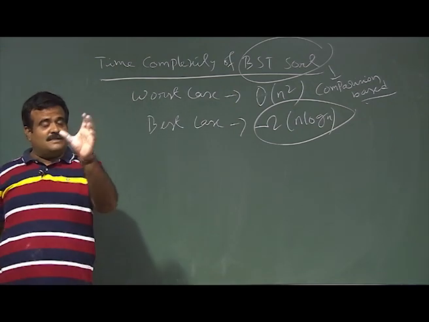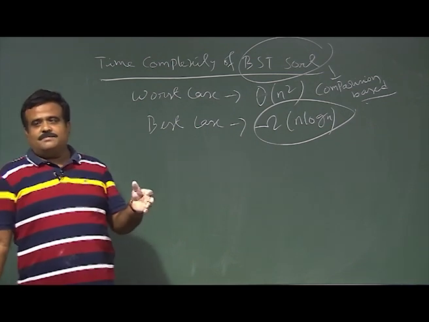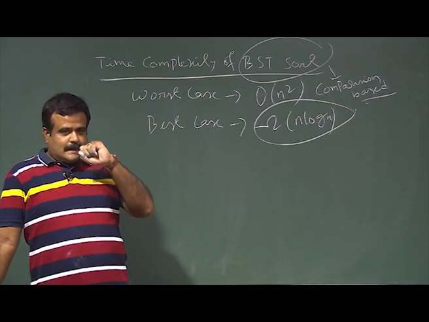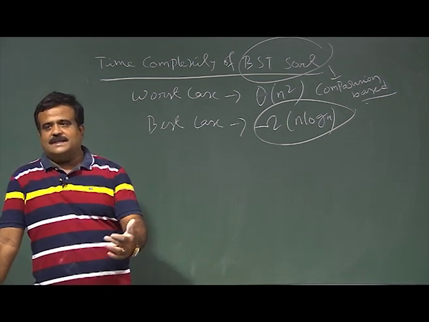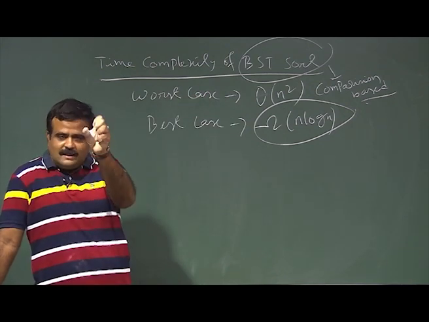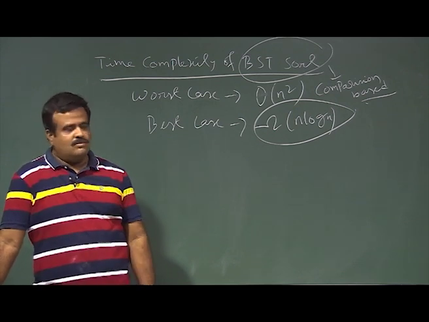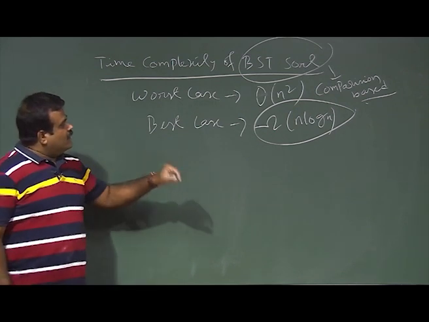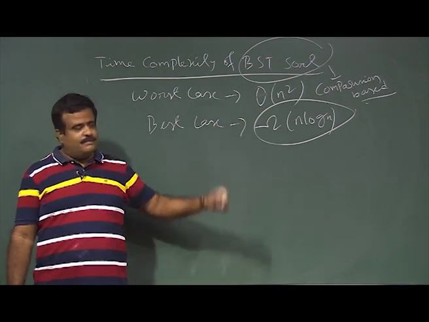We have seen by the decision tree model that for any comparison based sort the worst case time complexity cannot be faster than n log n. This is also a comparison based sort, because we are comparing the elements and then forming the tree and then doing the in-order traversal.